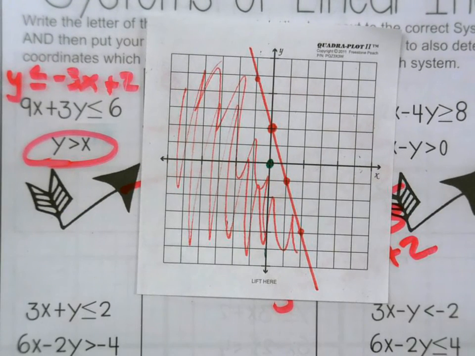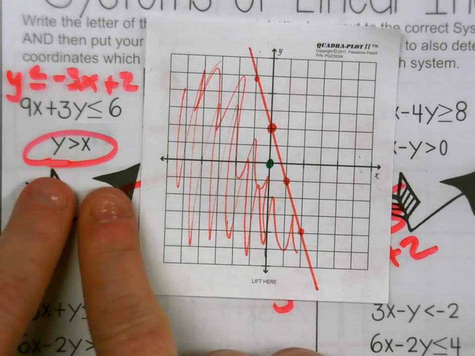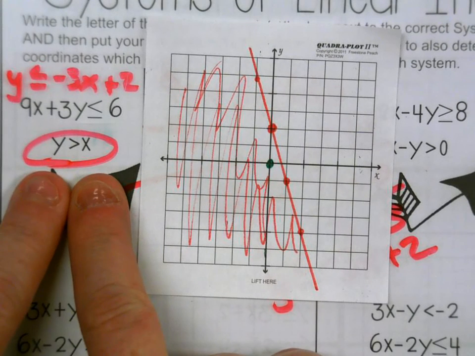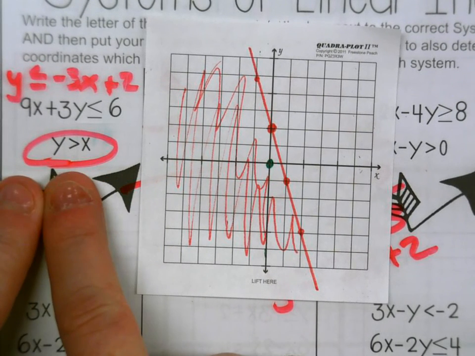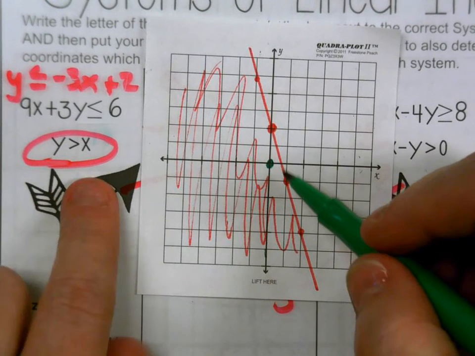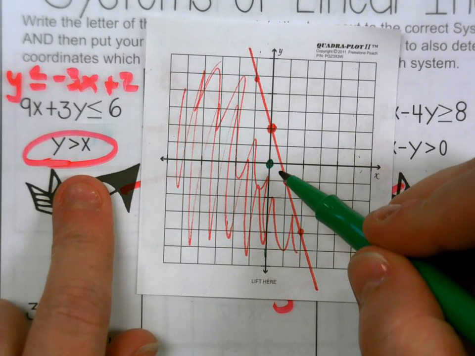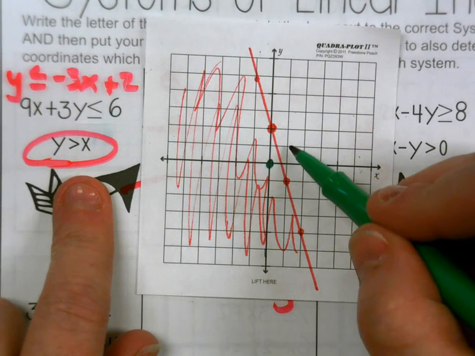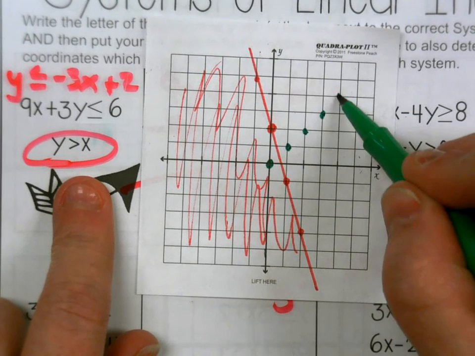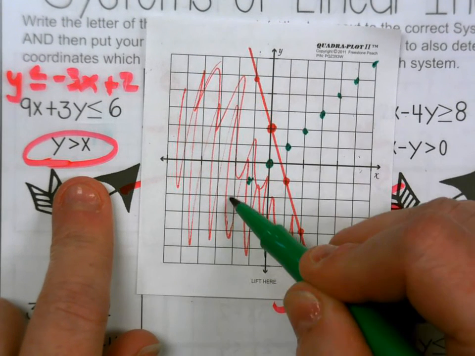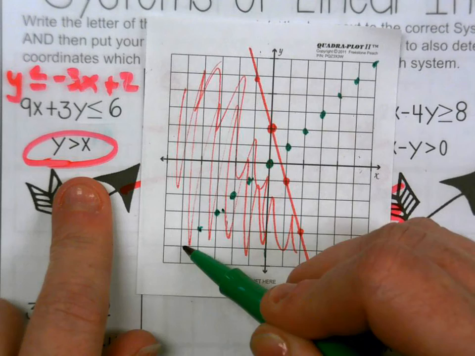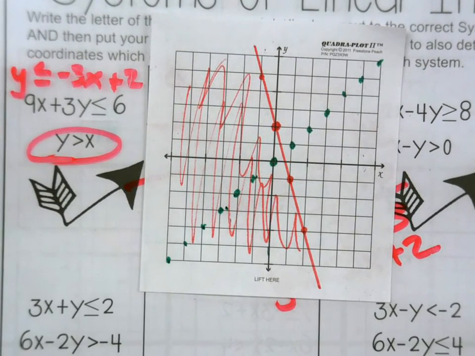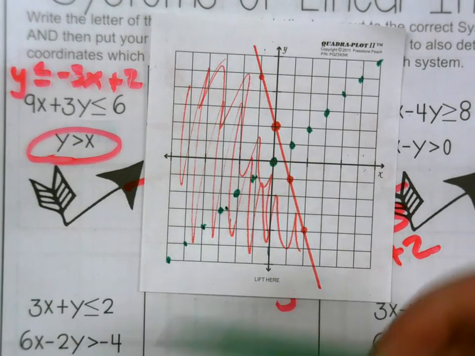Anytime you just see the letters x and y with whatever symbol, it's that parent function. What's the slope? It's 1, which is up 1, over 1. It's just a line that goes straight through.